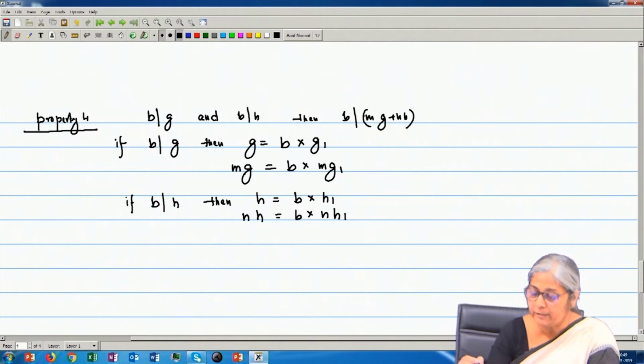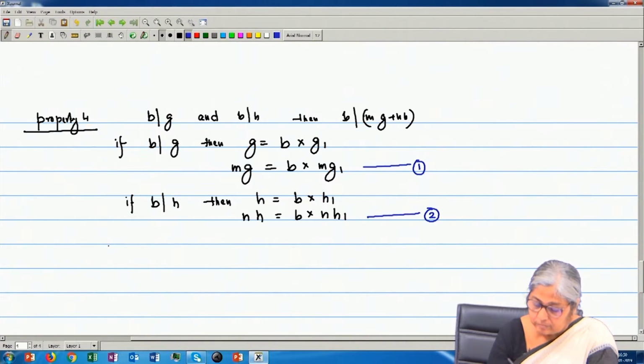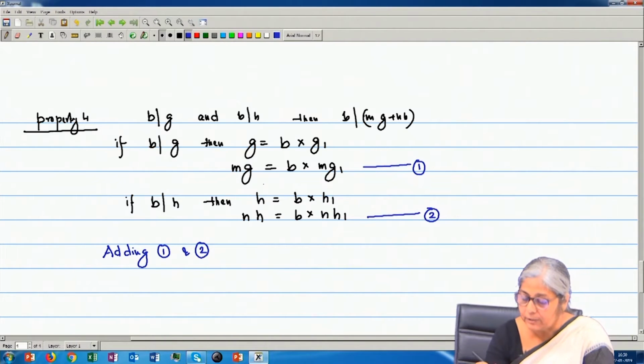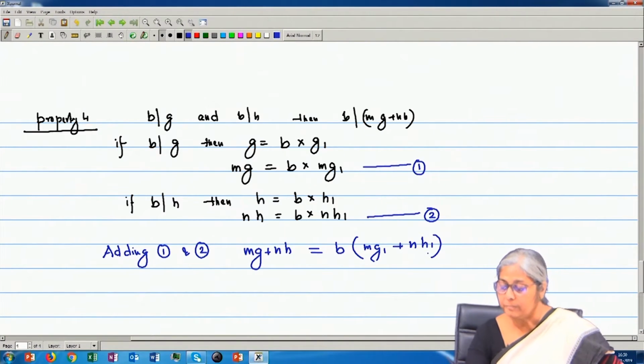Now if I add these 1 and 2, we get mg plus nh equal to b into mg1 plus nh1. So, mg1 plus nh1 is one integer.